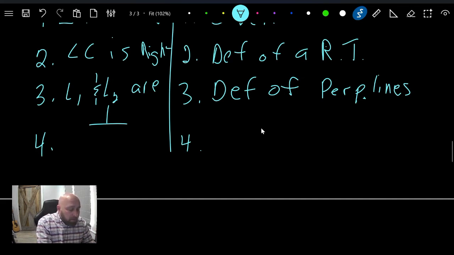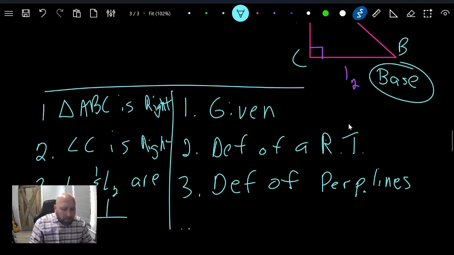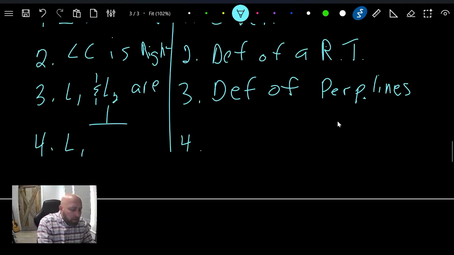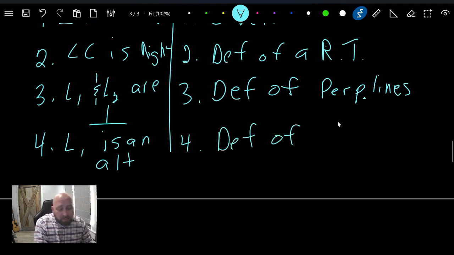So you could say that L1 is an altitude. Okay, why is it an altitude? Because of the definition of altitude. You're basically just saying, hey, this is how you define an altitude. An altitude is a perpendicular line, the altitude of a triangle.